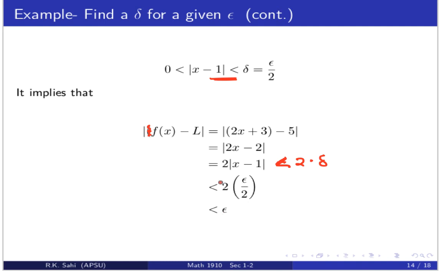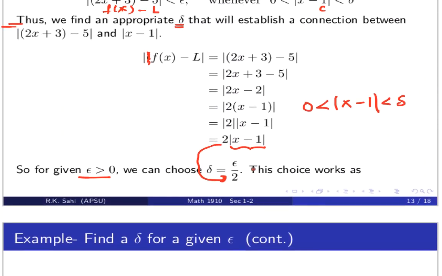That's why you have to choose your delta very carefully, and the trick is lying here. You'll always have an epsilon in the numerator divided by the coefficient in front of the absolute value of x minus 1. Keep that in mind.